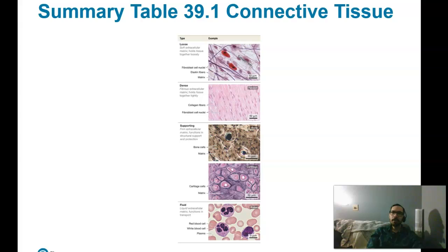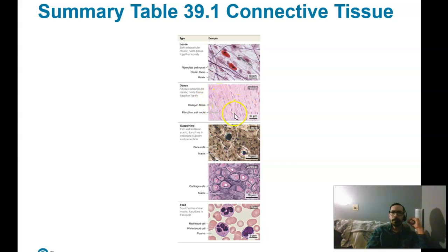This is mainly found in parts of the body that require padding or to hold tissues together loosely, like the loose areolar connective tissue that you looked at in lab. Or it can also be dense connective tissue, where you have more collagen fibers and fibroblasts, cell nuclei.